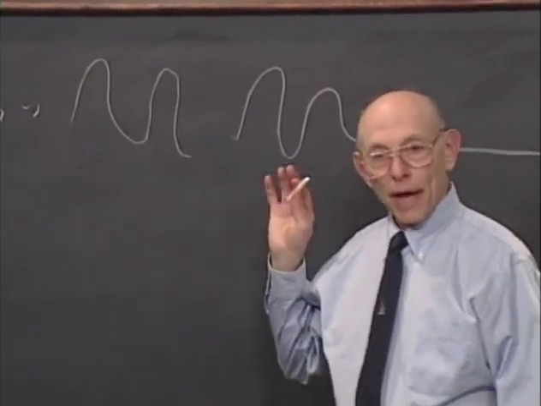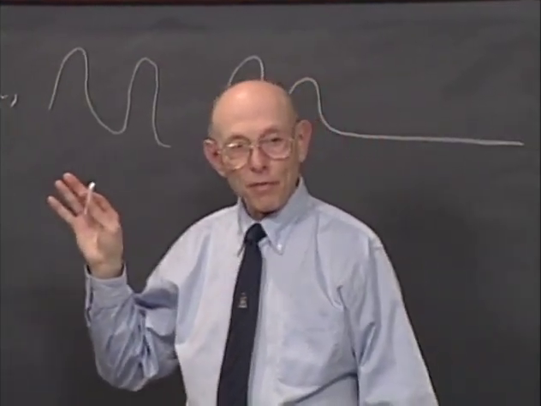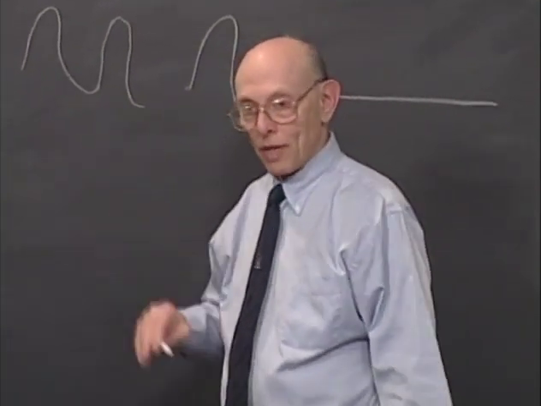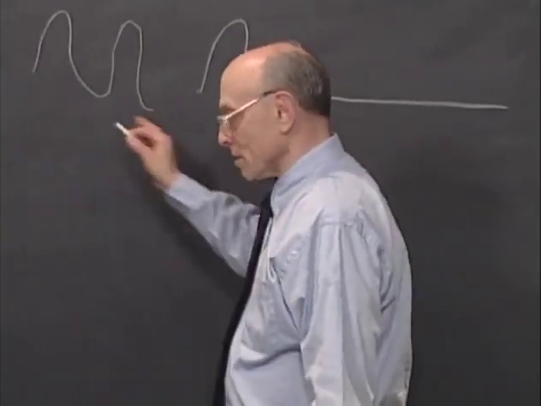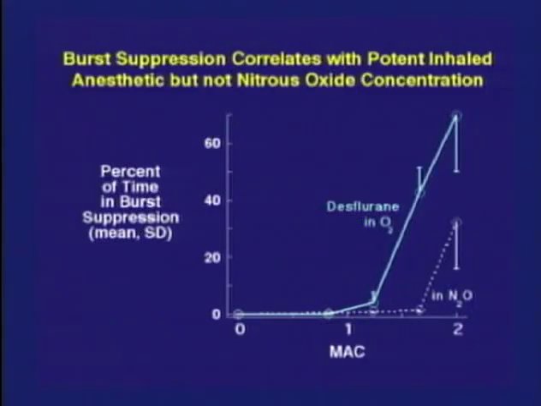And anyone, in fact, can look at an EEG and get some element of the idea of where you are in terms of anesthetic depth, just with this simple concept in mind. Here's an analysis of what I've just shown you in terms of the burst suppression, those flat waves that occur.